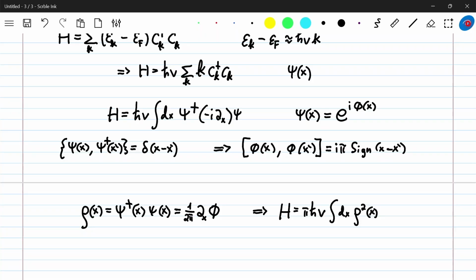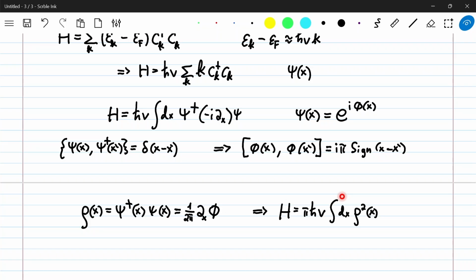Interestingly, we started from something that is quadratic in the fermionic language, but in terms of the collective density field, it's also quadratic. Okay, it's also simple. So we did some fancy stuff and replaced one Hamiltonian by another. The new Hamiltonian is also simple, and it is useful because now it's written in terms of a density variable.